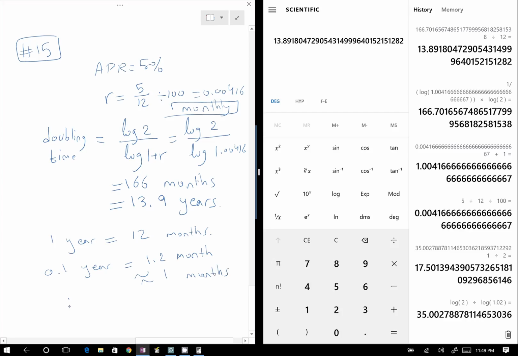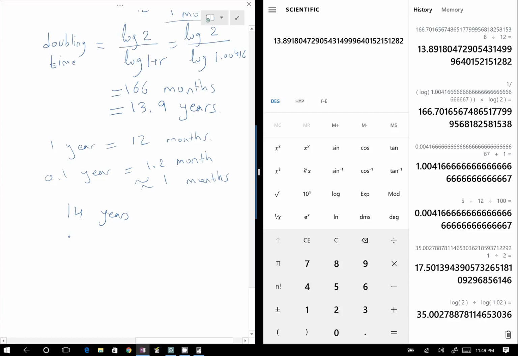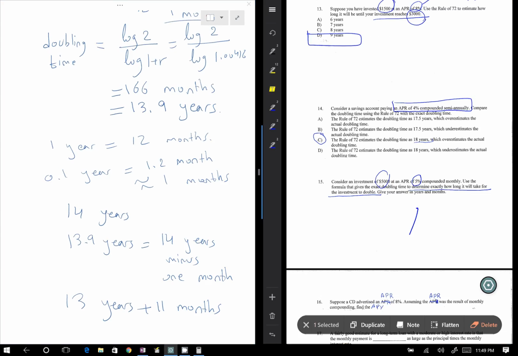If we had 14 years, 13.9 years would be 14 years minus 1 month. So the accurate answer is 13 years and 11 months. This will be my answer for number 15. It will take this amount of time to double in value.